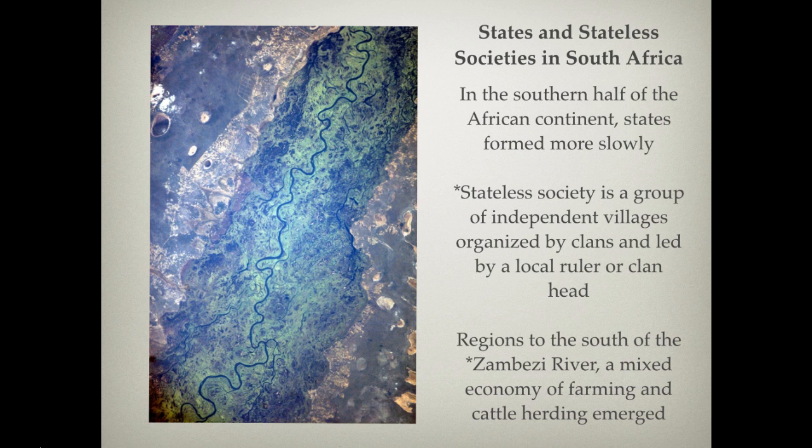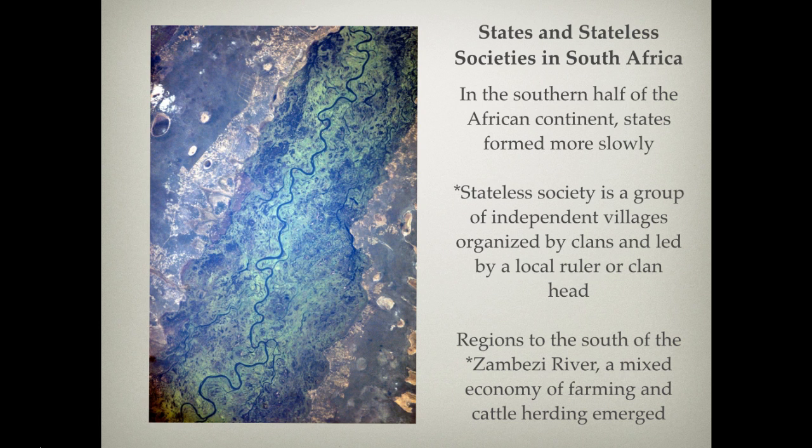So you see a stateless society is really a group of independent villages that are organized by clans and led by a local ruler or clan head. So they're interconnected in some sense, but they have no true kingdom or king in the conventional sense that we think of a kingdom.